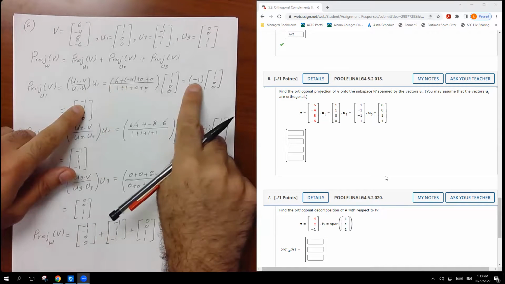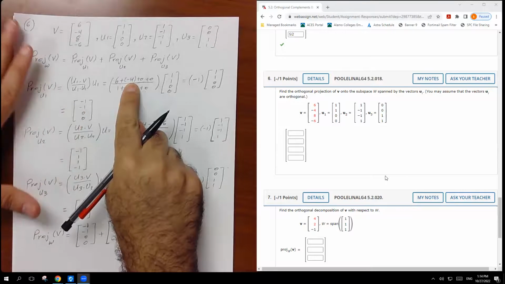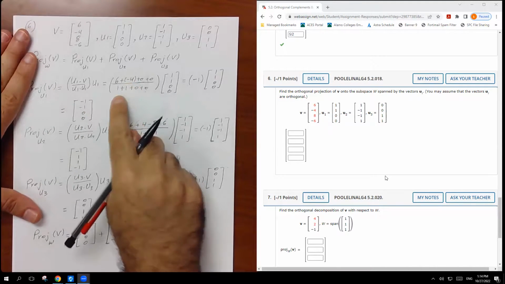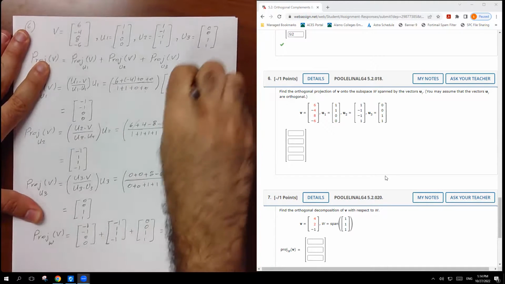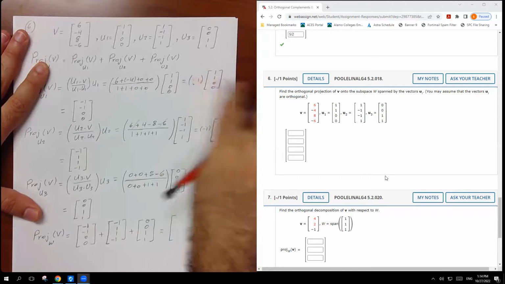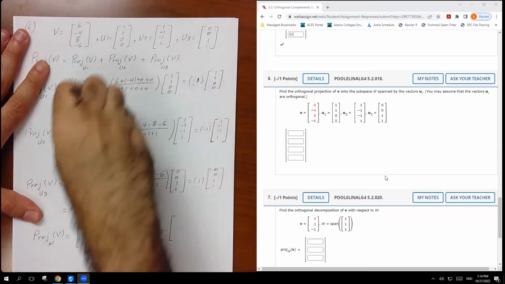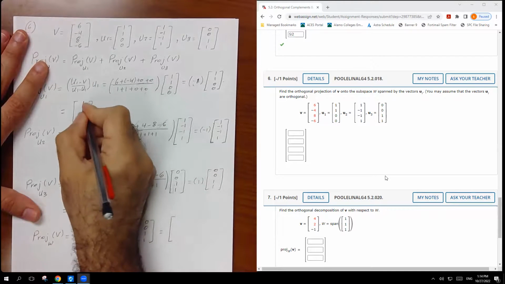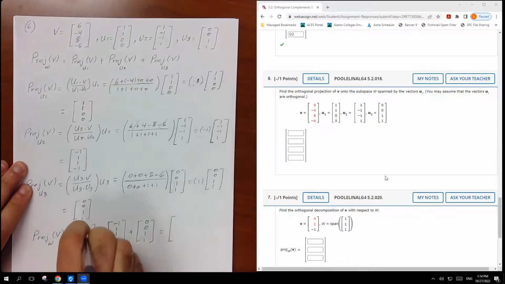This is not negative because 6 minus 4 is going to be 2. Divided by 2 is going to be 1. That means this is 1. And when you multiply, this one is going to be both 1. So that changed our answer.